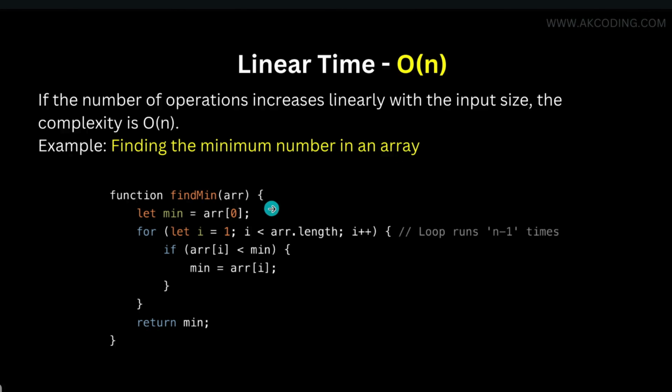To find the smallest number in an array, we require a for loop that will iterate through your array and compare each value with the minimum number, and it will find the minimum or smallest number in your array. To do this job, it is required to iterate over every element of the array. As the number of elements increases, the iterations will also increase. So in this case, linear time is required to traverse the whole array.